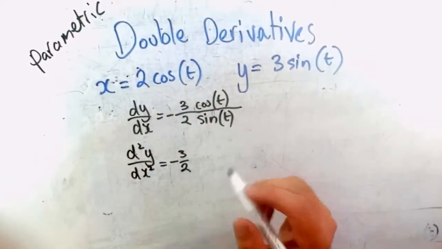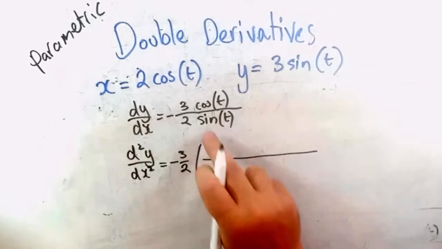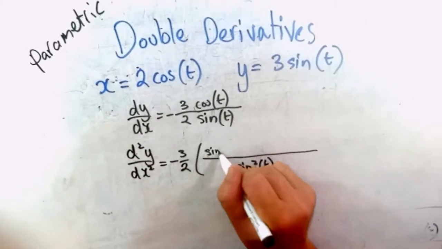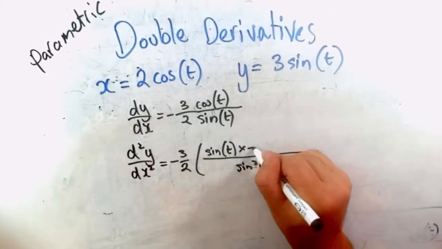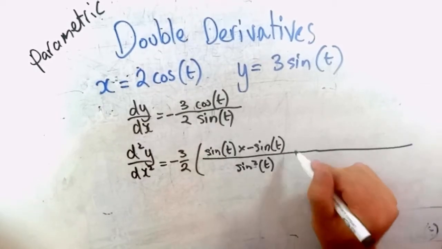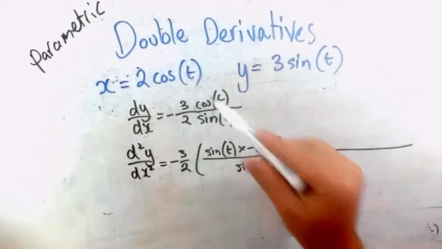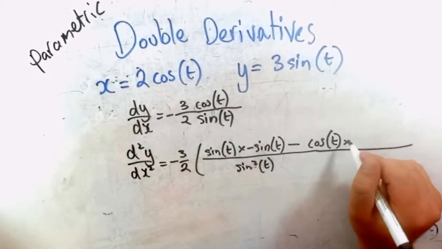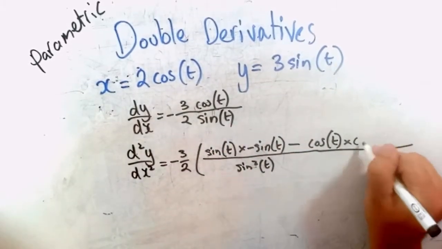But for example, let's pretend we don't know what the derivative of cot is, and we'll do it by quotient rule. So we're going to get negative 3 on 2. Let's leave the constant up front. We square the bottom one, sine squared t, and we put the bottom one straight up, so just the original bottom one, sine t, times the derivative of the top function, so that's negative sine of t, minus the top one, cos of t, times the derivative of the bottom one, so cos of t.